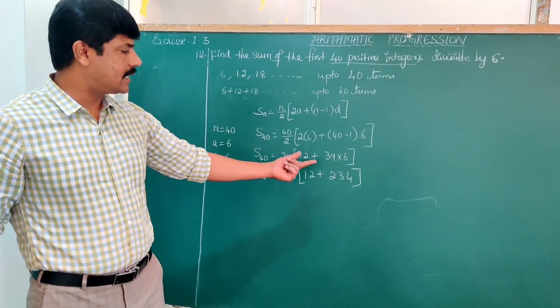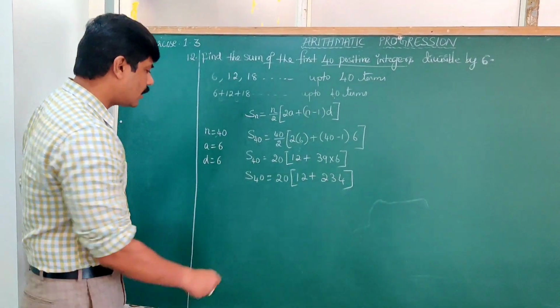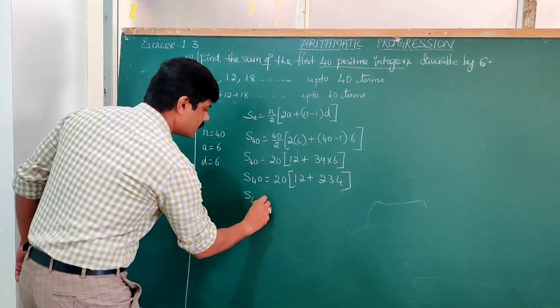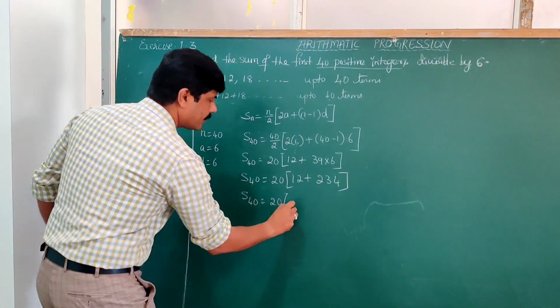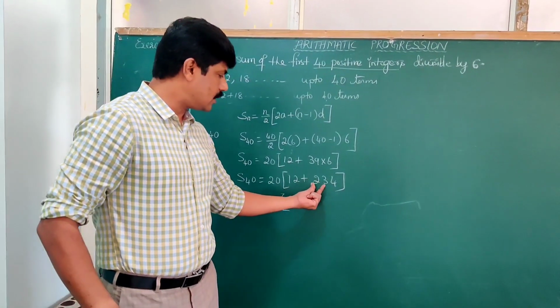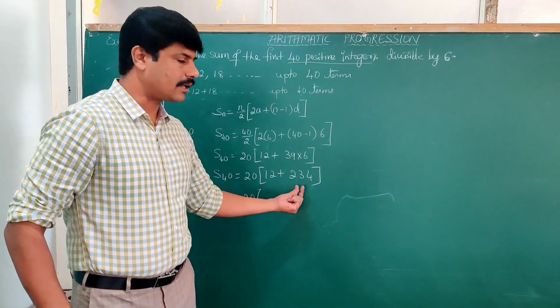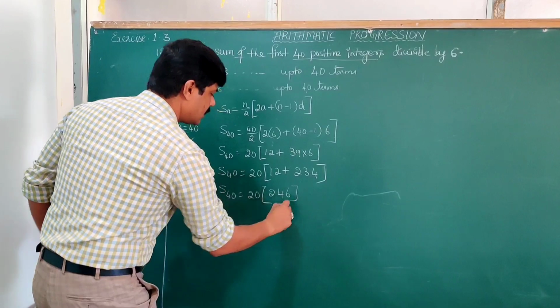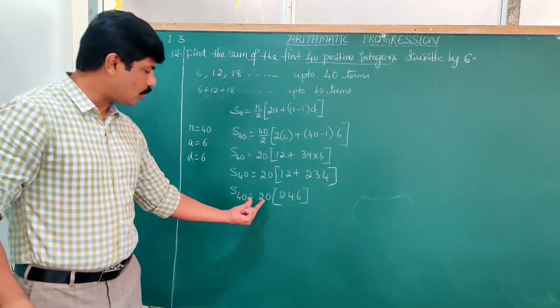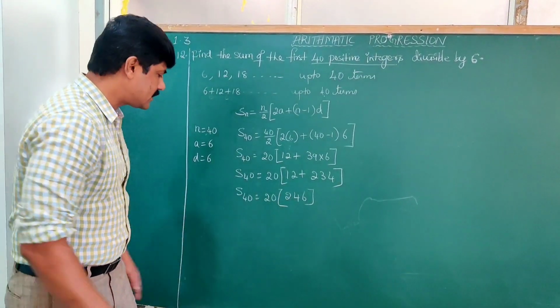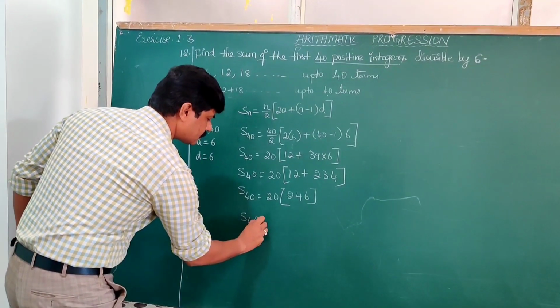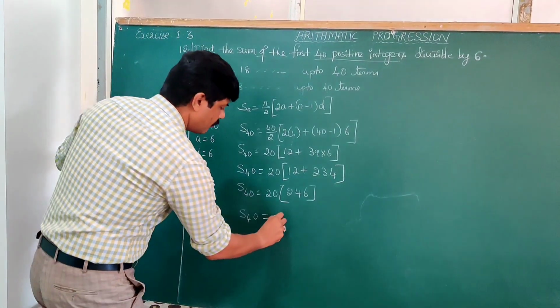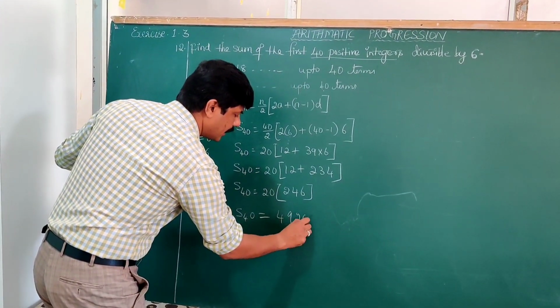Now S40 is equal to 20 into 12 plus 234, which is 246. Now multiply 20 with 246. You will get 4920.